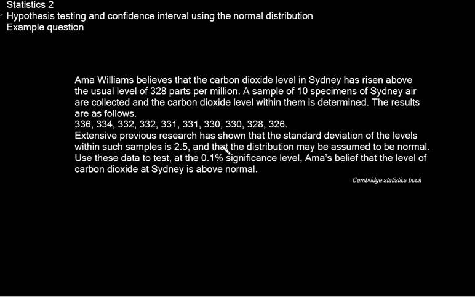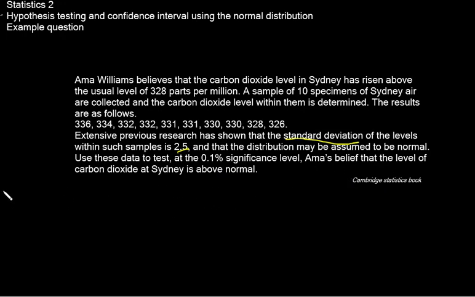Extensive previous research has shown that the standard deviation of the levels within such samples is 2.5, and the distribution may be assumed to be normal. So use this data to test at the 1% significance level to see if her belief is correct.